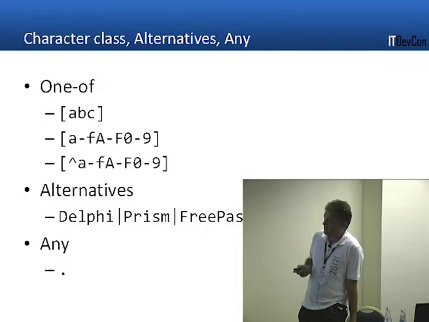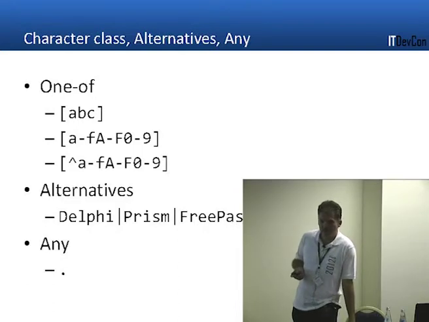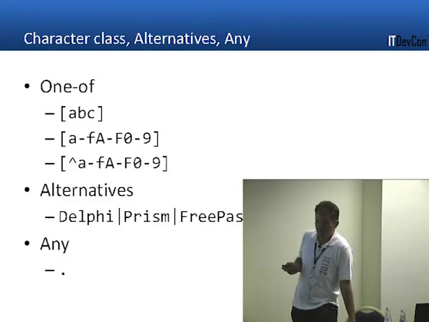Caret is actually not a meta character. So if it's found anywhere in a regular expression except immediately after a square bracket, it will be treated just like a normal character. But in this position, it means not.